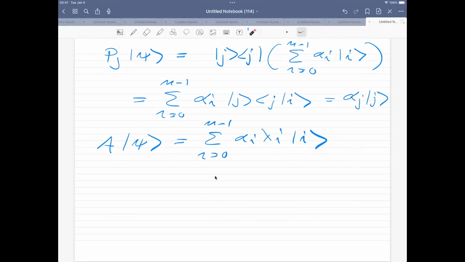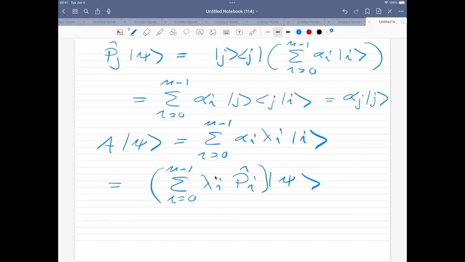So what I could do now is simply to rewrite this as the sum I equals 0 to n minus 1 of lambda I, and then I have a P of I. So I'm going to put a hat here, P hat of I acting on the state psi, like that.